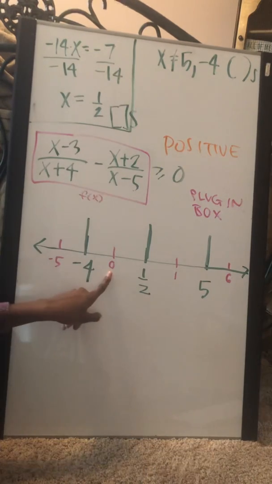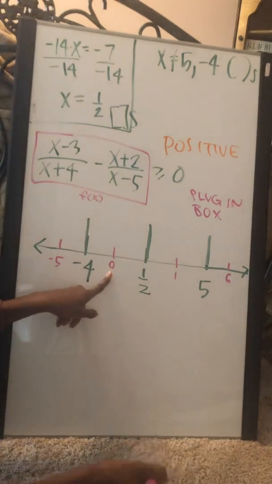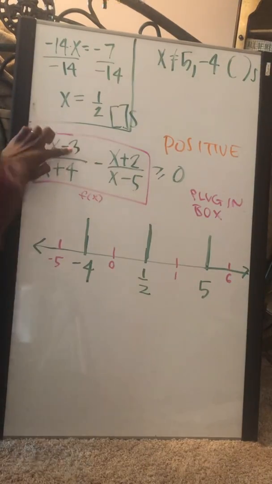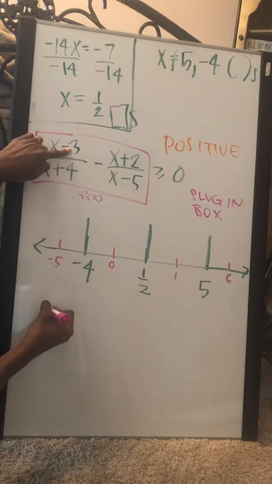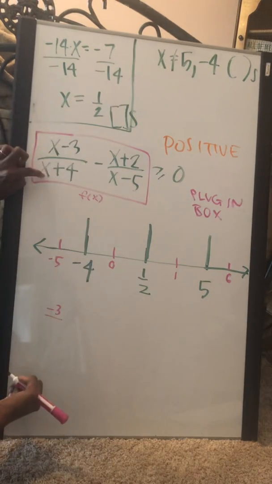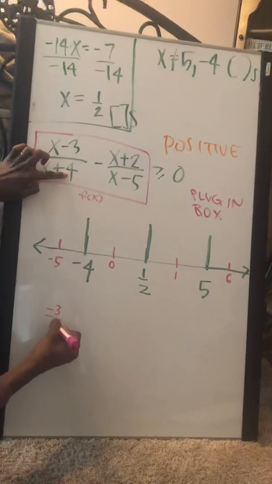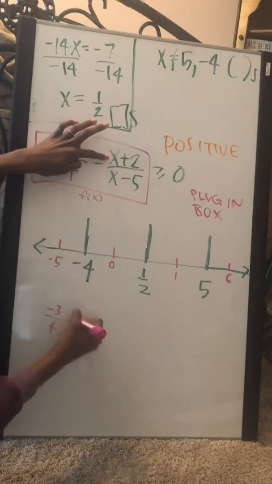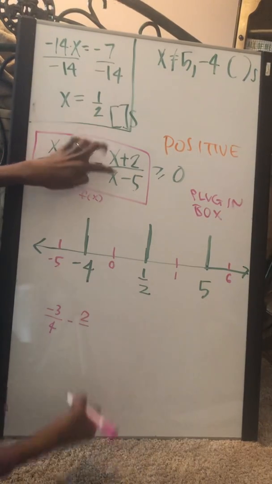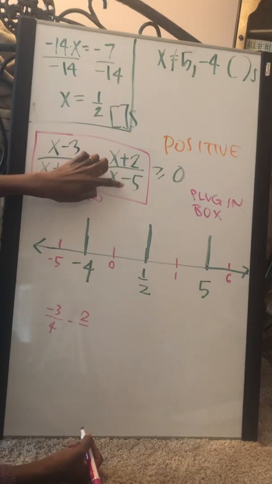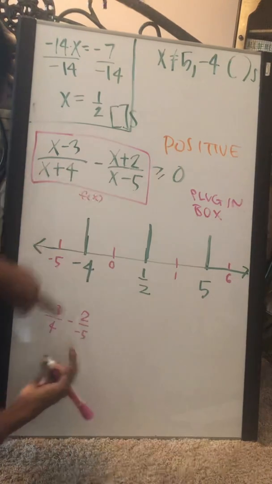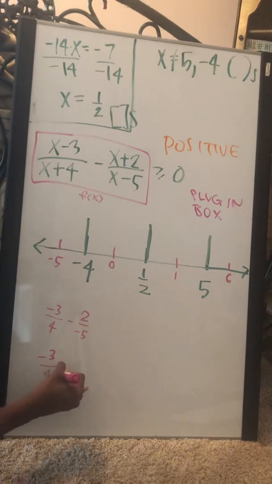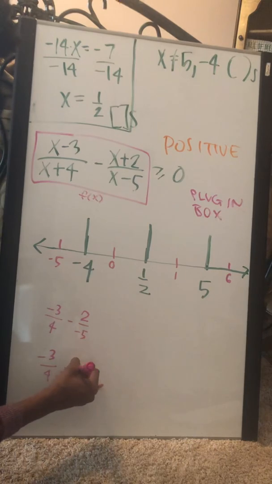So when we plug in our 0 here, let's see what happens. If we plug in 0, we get 0 minus 3, which gives us negative 3 over 0 plus 4, which would give us a positive 4. And then minus, if we do a 0 on top, we get 2 over 0 on the bottom, we get negative 5. So these two negatives right here are going to give us a positive. So we get plus 2 over 5.